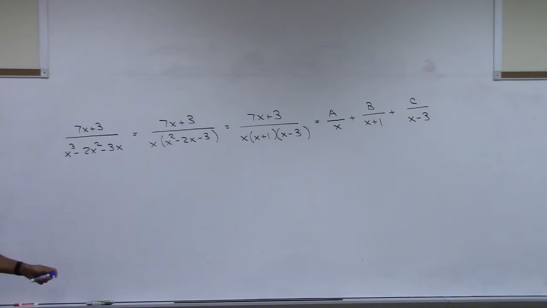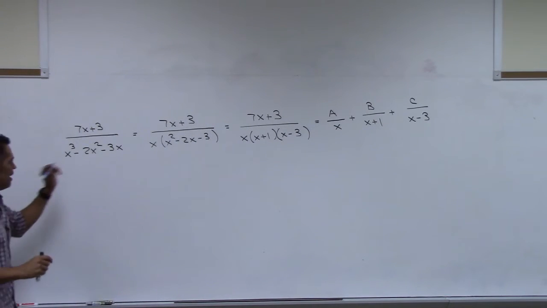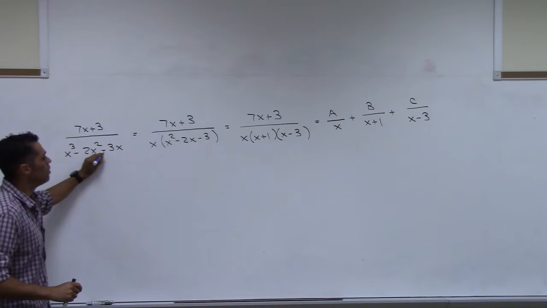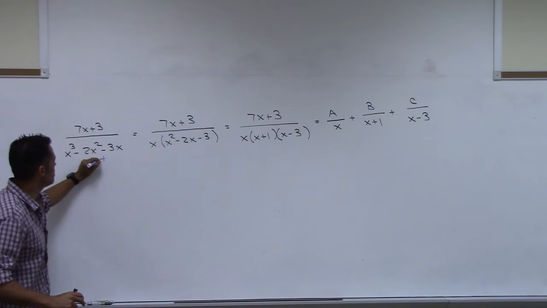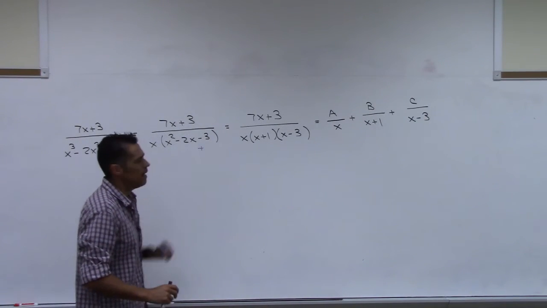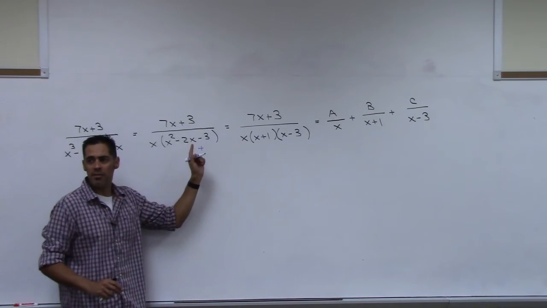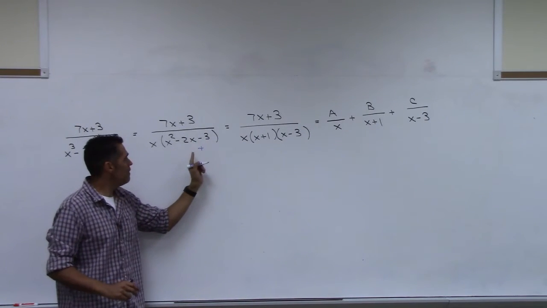Just so you'd see this, let's just say that this had been plus right here. If this had been plus, then this would have been plus here, and this would not have factored.